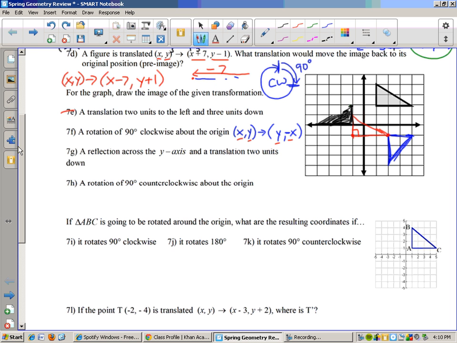So if I do a rotation 90 degrees counterclockwise, that means the opposite of clockwise. So counterclockwise is going to start here and go backwards. And therefore, to do 90 degrees, I'm going to start at the top, and I'm going to end at the 1/4 mark here. So that means that this is actually going to become this after it rotates 90 degrees.